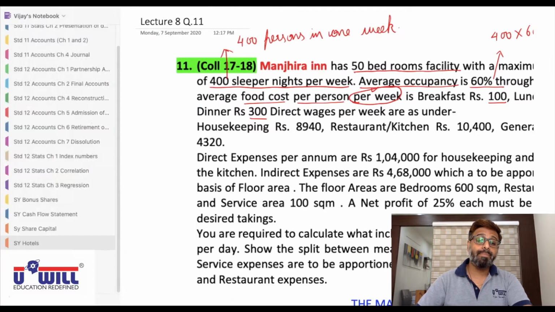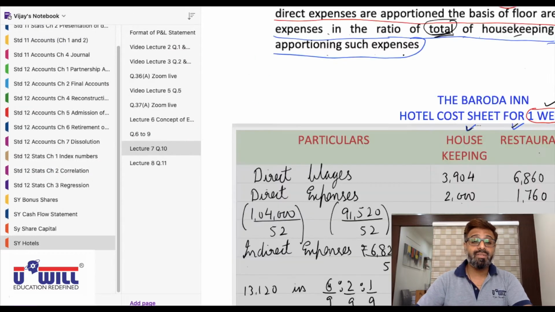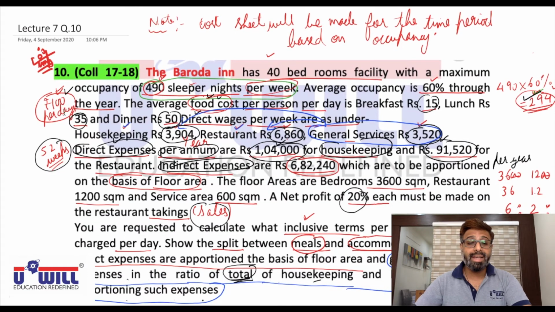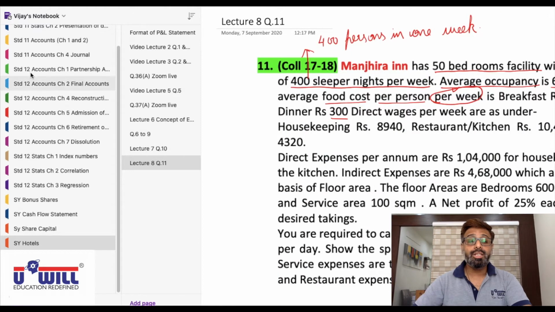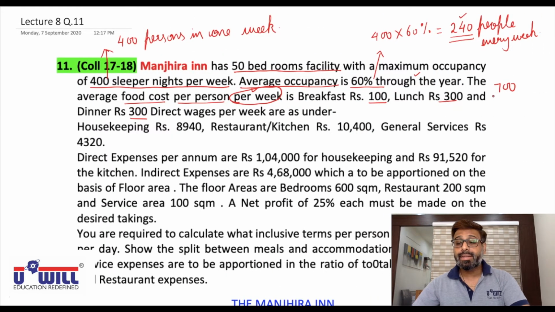If you remember, in the last question, question 10, we had food cost per day. Now it is given per week. So let us find out per day: 700 divided by 7 days. Per day it will be 100 only.